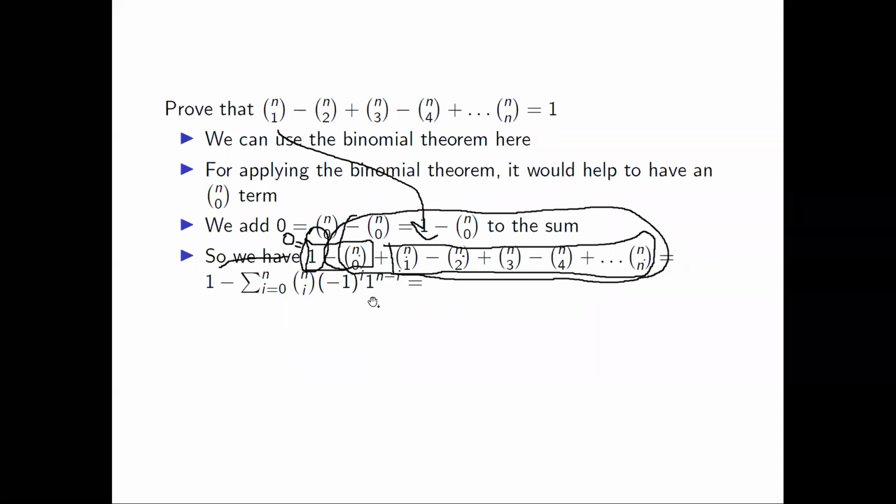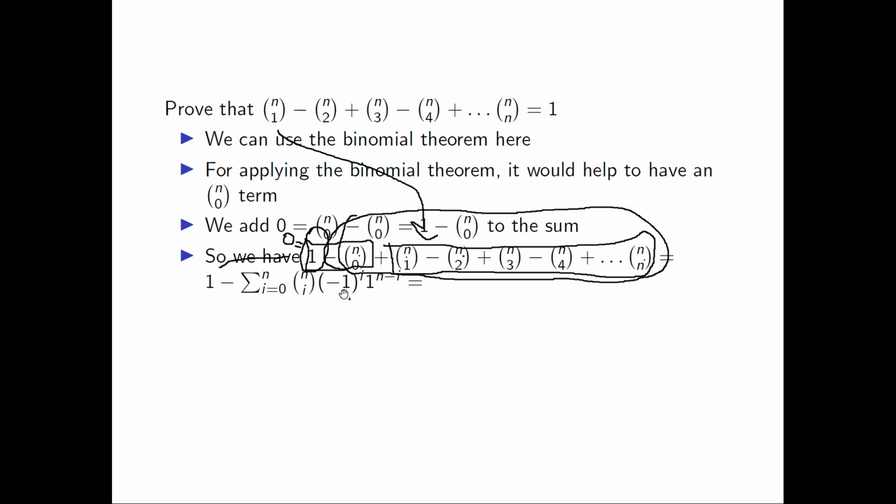And the reason why we write it this way is because writing it this way gives us something in the form of the left side of the binomial theorem, or actually the right side of the binomial theorem. I guess you could write it either way, so one of the sides.